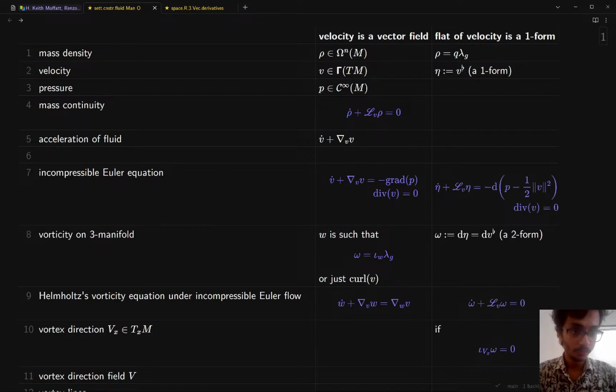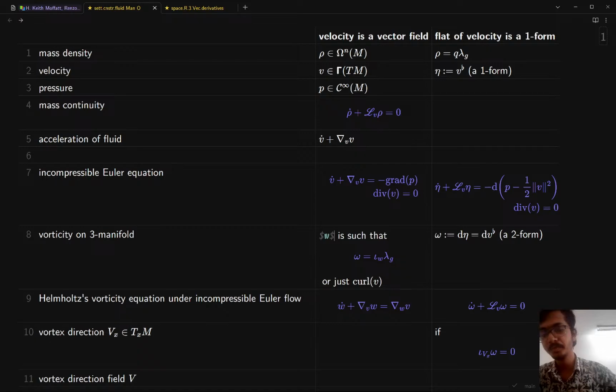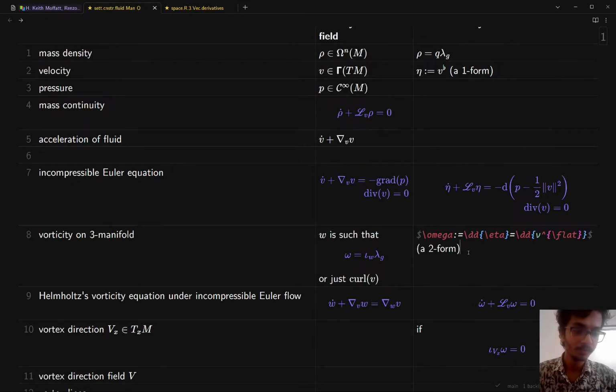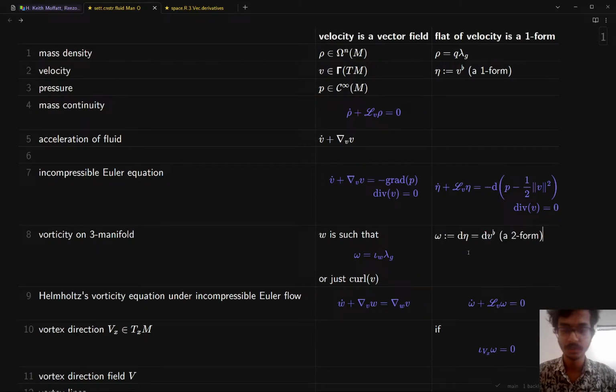Now this one-form, I can take its exterior derivative, which gives me a 2-form, and that is supposed to be the vorticity 2-form. I could easily take the curl of this V, which would be W, and omega would be d of the one-form coming from the velocity.